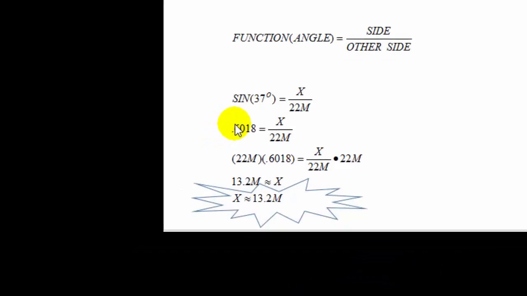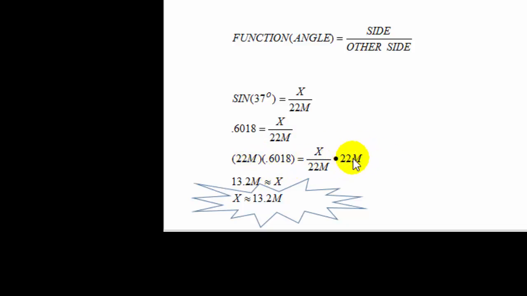Now that we've used the calculator to determine the approximate value of the sine of 37 degrees, which is 0.6018, we substitute that in where it says sine of 37 degrees on the left-hand side of the equation. Now we have 0.6018 equals x divided by 22 meters. And in order to solve for x, as we would with any Algebra 1 problem that's set up like this, we would multiply both sides by 22 meters, the left and the right.